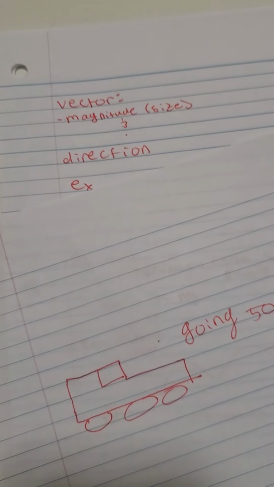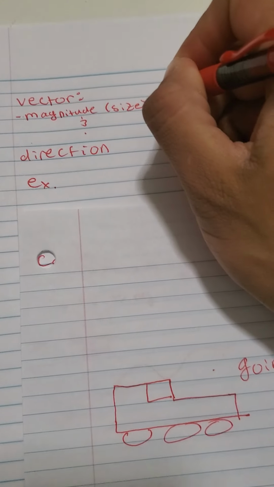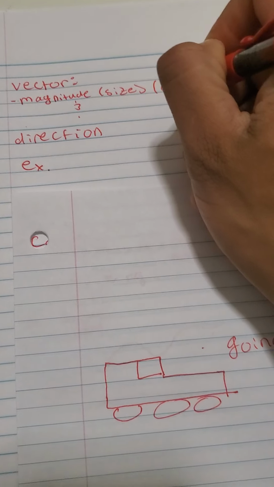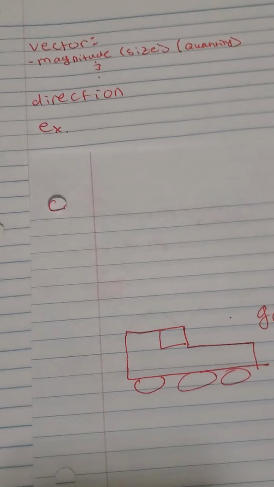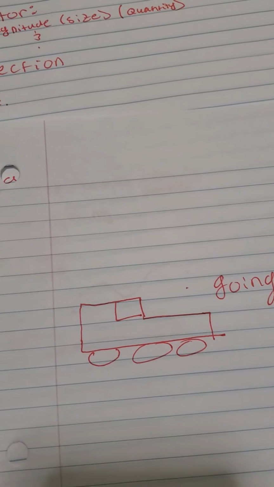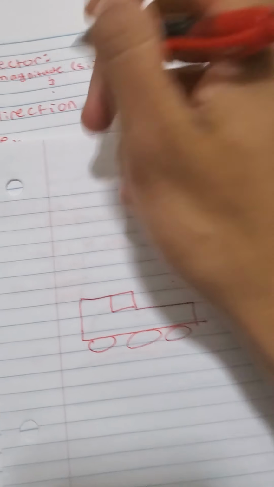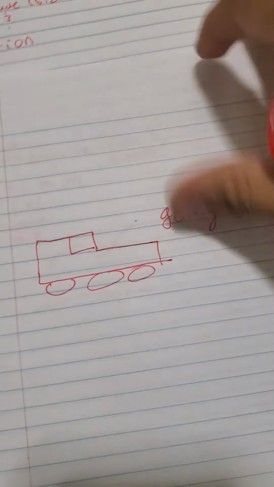A vector quantity has magnitude and direction. So it has a magnitude, the size, the quantity, and the direction it goes in. For an example, when we say direction, going 50 meters to the right.